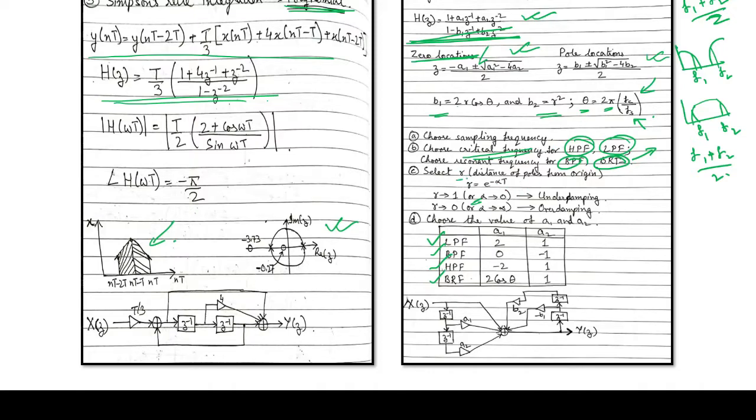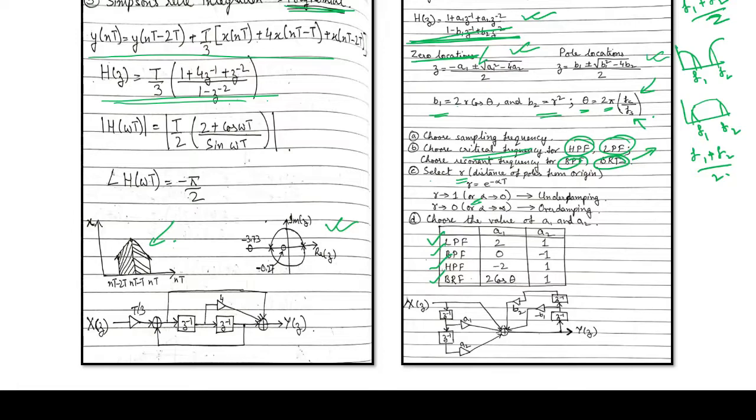Now we need to select the distance R. While discussing the design of filters through poles and zeros, we have seen what role R plays. R defines the gain of your system.